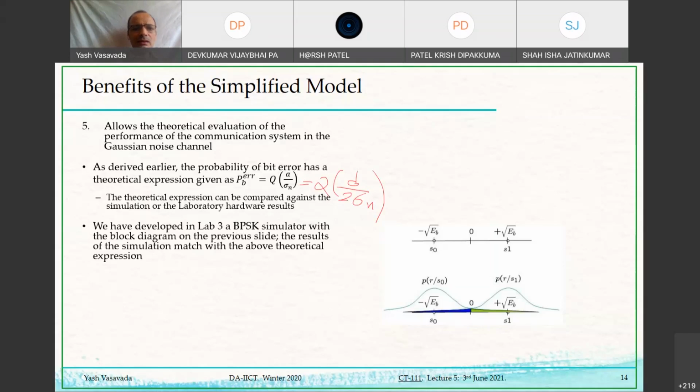And the good thing about this expression is that this is purely a theoretical expression. It doesn't care about what you have done in the FPGA or in the VLSI chip or in your MATLAB program or Python program or Java program. It doesn't care about any of that. This is purely a mathematically derived expression of the bit error probability of a BPSK demodulator.